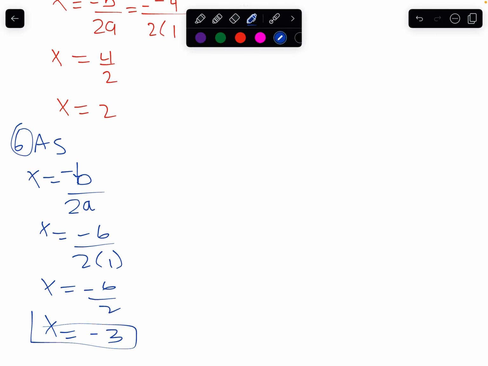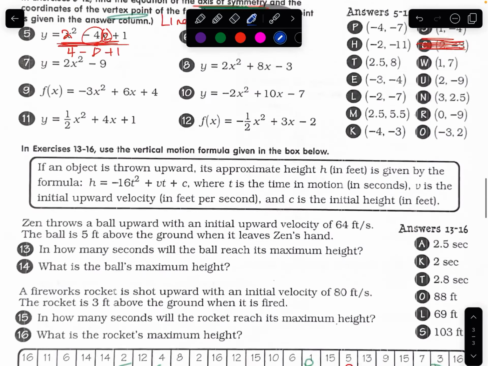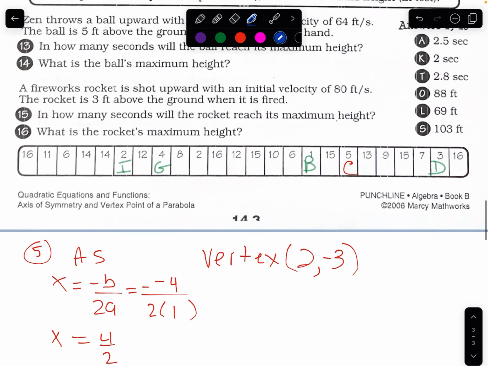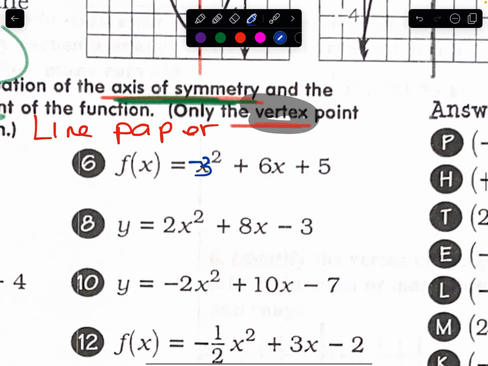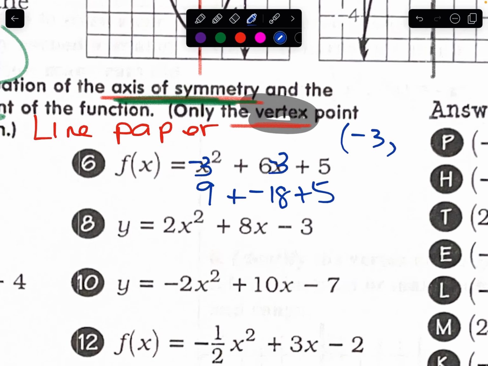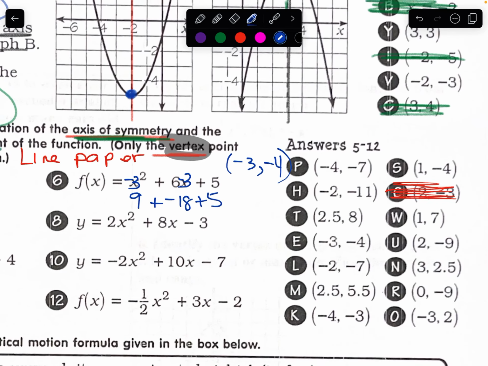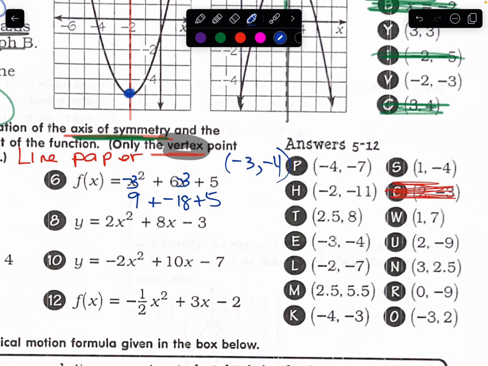Okay, so do your vertex then. Put in -3. So the vertex is -3 and it's 9 plus -18 plus 5. That's -4. So number 6 is -3, -4, letter E.